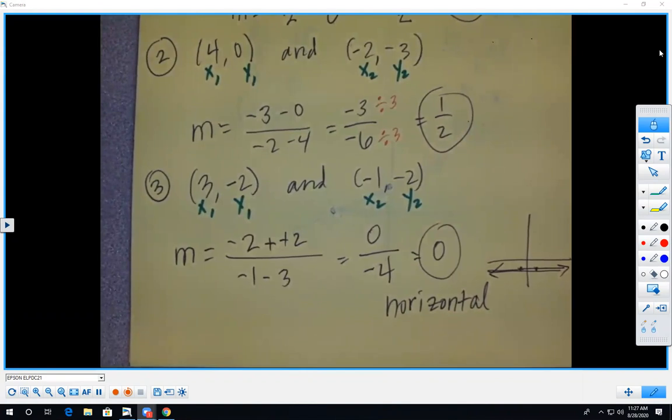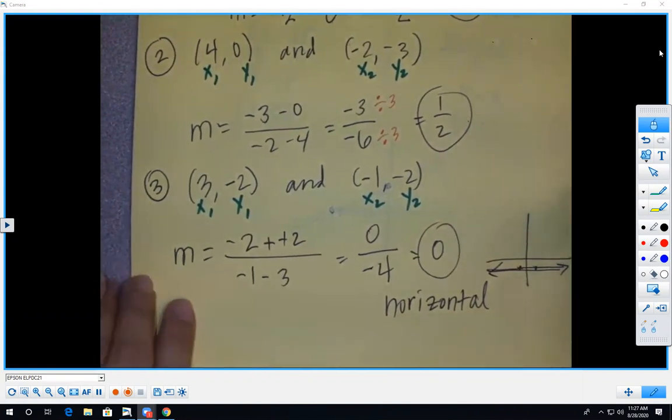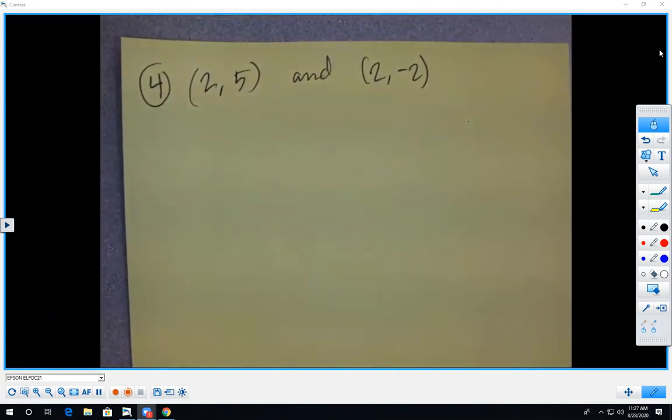Let's do the other one. Let's do a vertical line now. So if I had the ordered pairs 2, 5, and 2, -2. Let's find the slope of those 2 points.